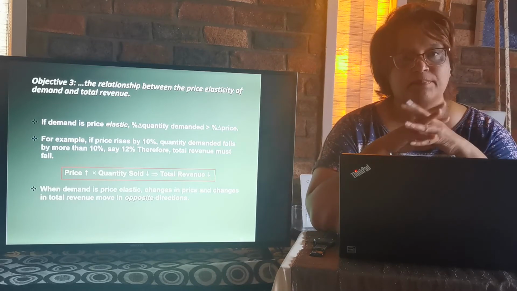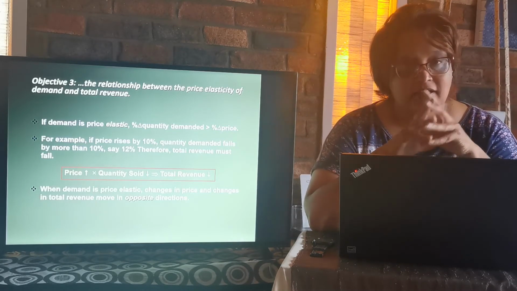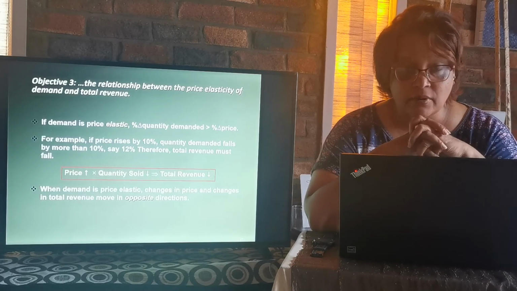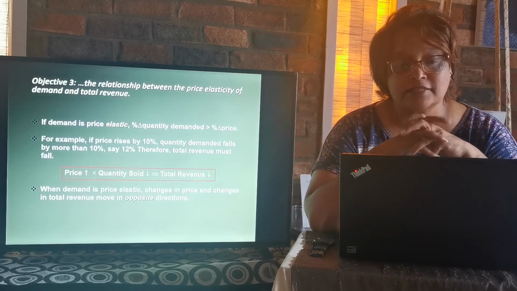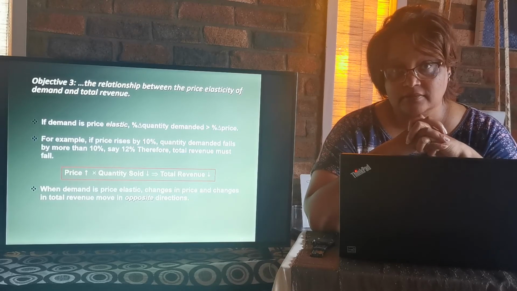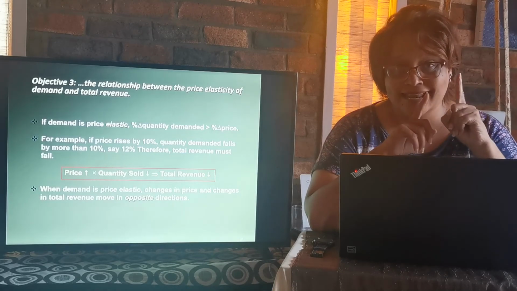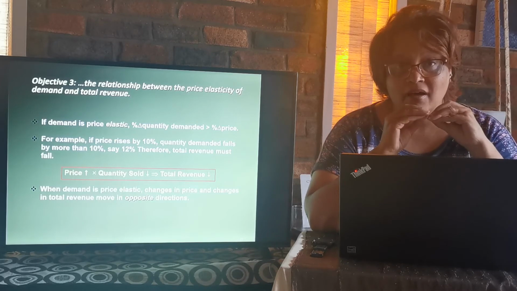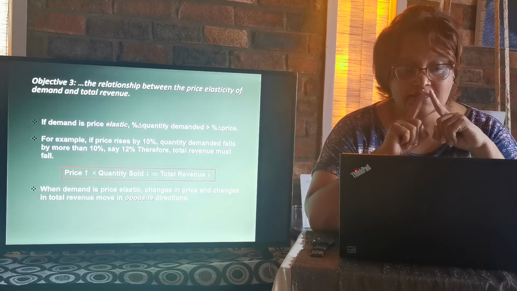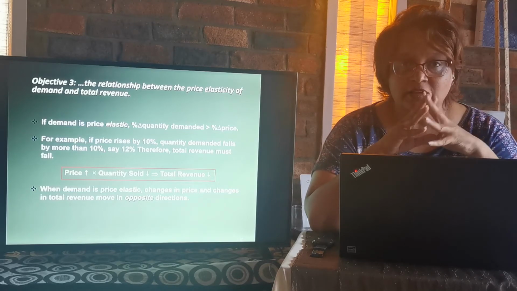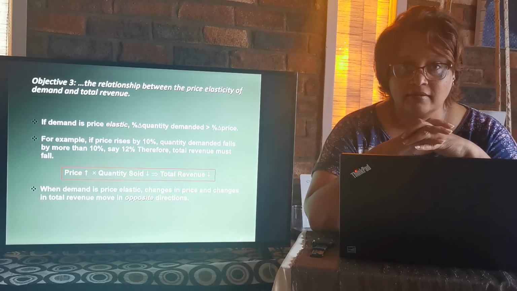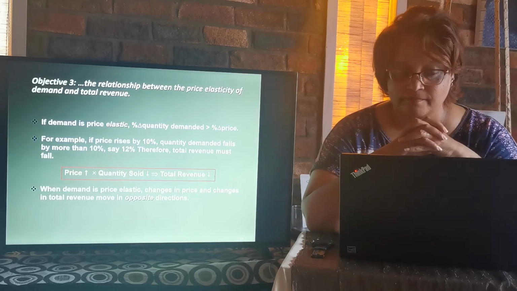If demand is price elastic, the percentage change in quantity demanded is greater than the percentage change in price. When the demand is price elastic, it means that irrespective of the price, my demand will be responsive.